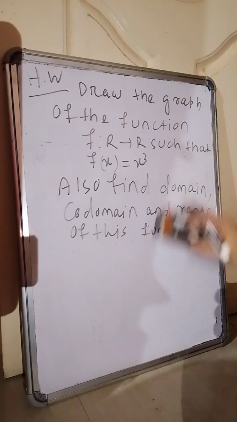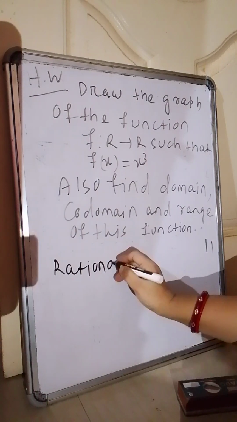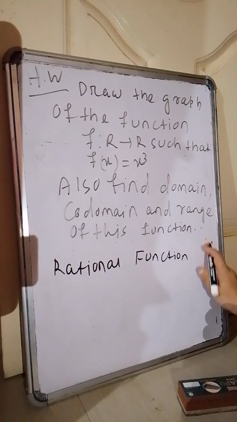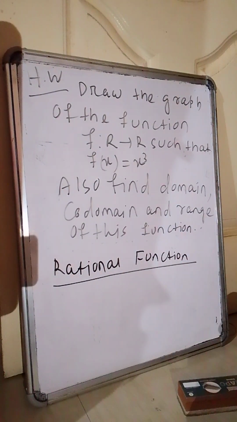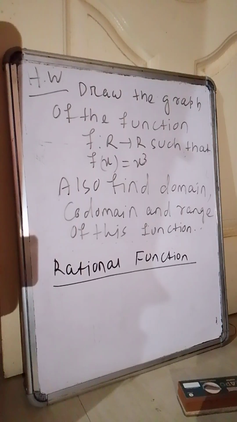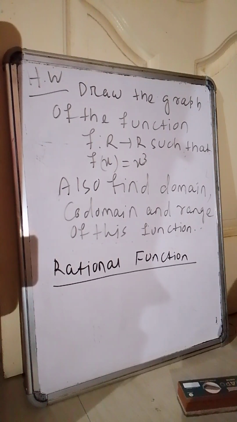After this, next is your rational function. As the name suggests, rational function: you know a rational number is any number of the form p by q, where p, q belong to the set of integers, and q, which is the denominator, is not equal to 0.